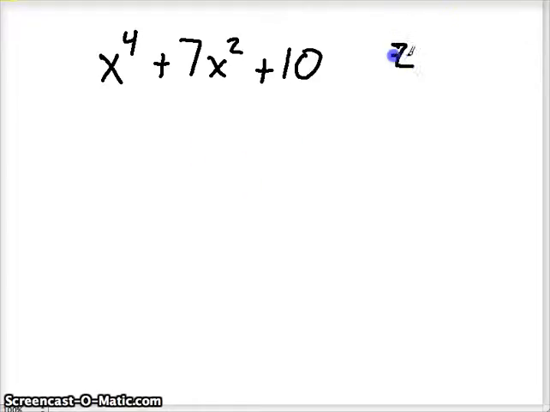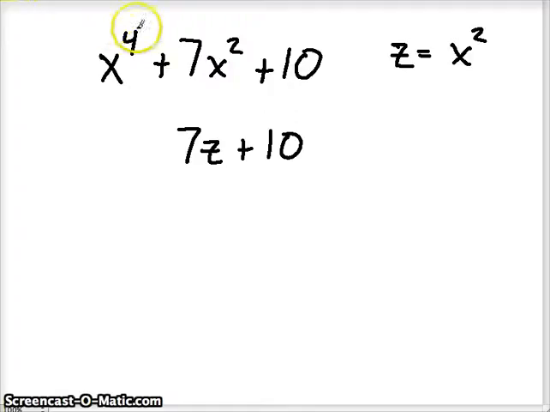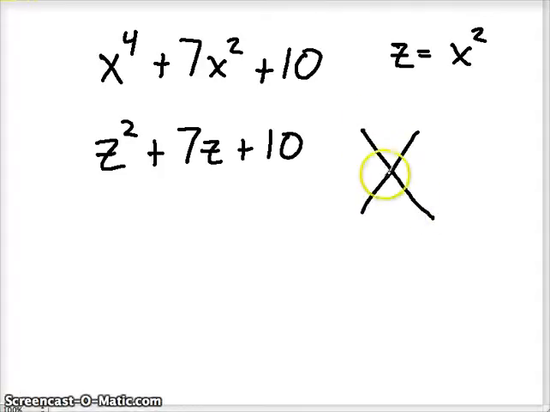So if I replace with z, this one's the easiest, 7z instead of 7x squared, right? But this is a z squared, because we need x squared squared. So there's that. So now we have a quadratic. And we can use our techniques for solving or factoring quadratics. It is an x factor technique. You can use the x or you don't have to.